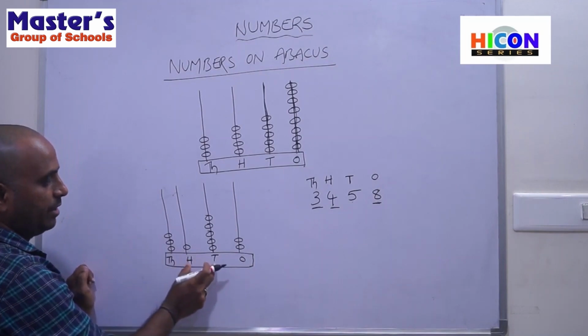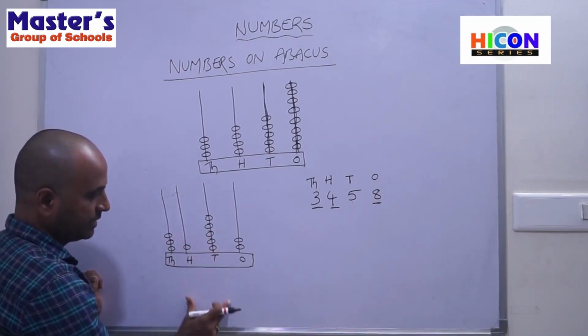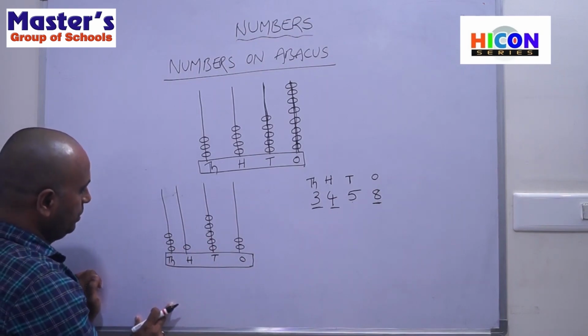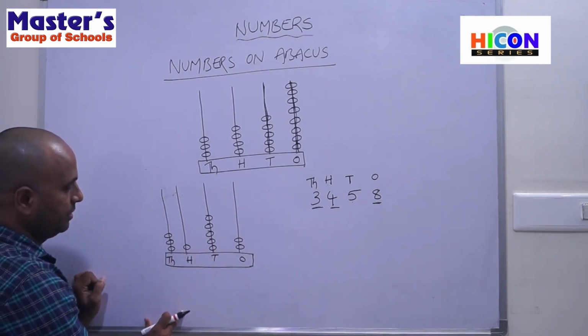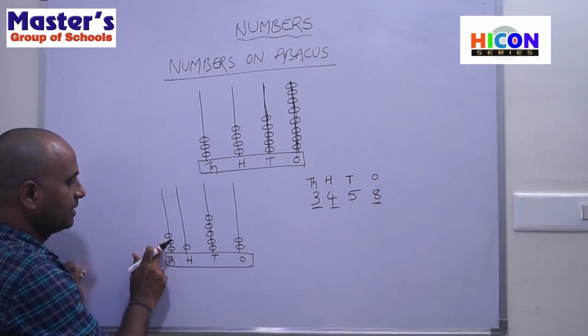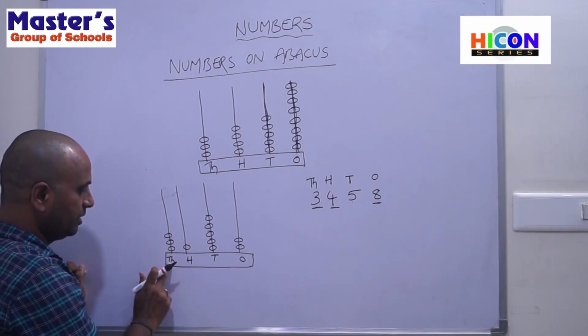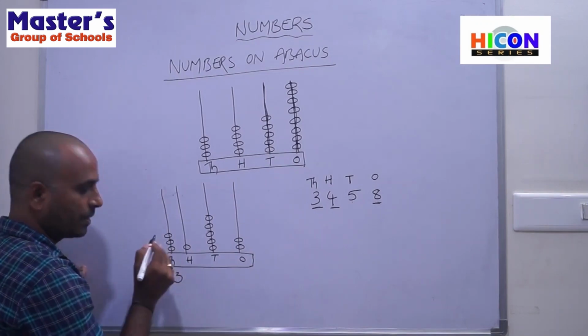So this is the abacus given. Now we have to write the number from this abacus. So look at the board, how to write the number from this abacus. So thousands place stick contains 3 beads. That means in thousands place there is a digit 3.